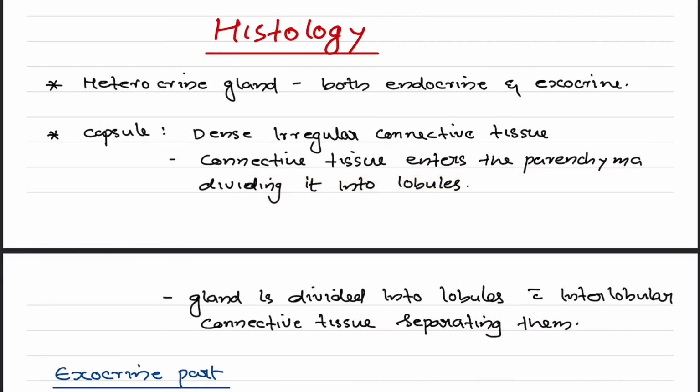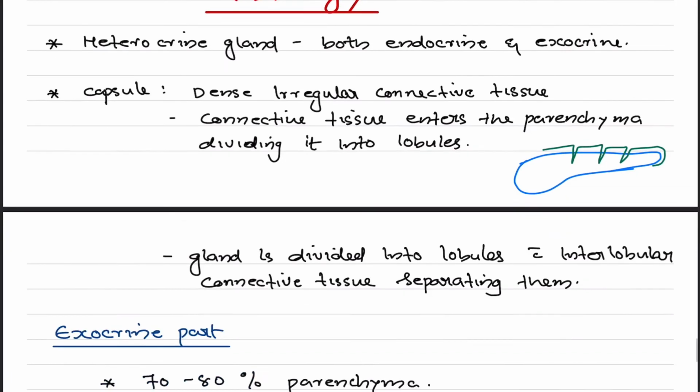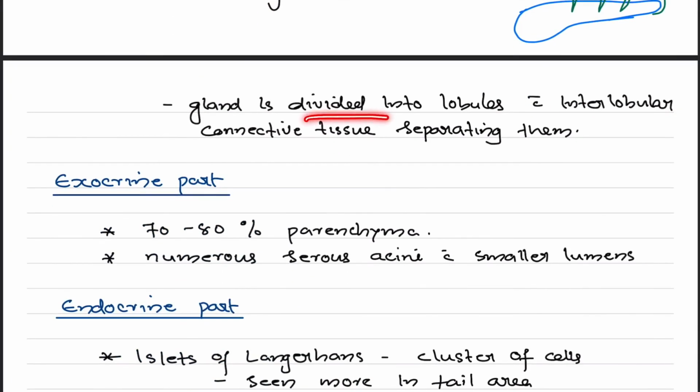See, if this is pancreas, the connective tissue is entering into the parenchyma. So what happens? The parenchyma is divided by this connective tissue into lobules. Okay, so the gland is divided into lobules with interlobular connective tissue separating them.